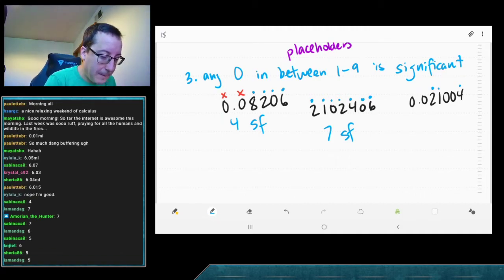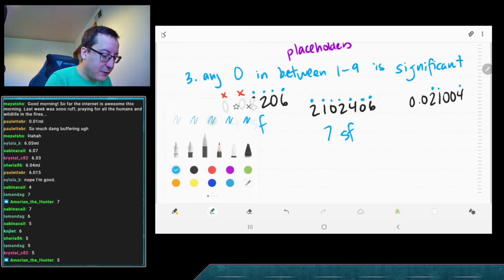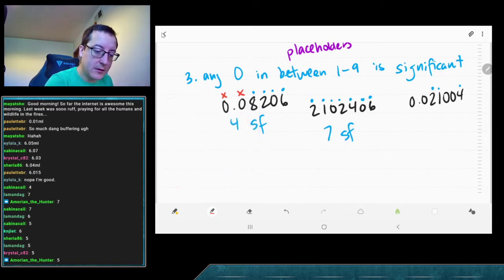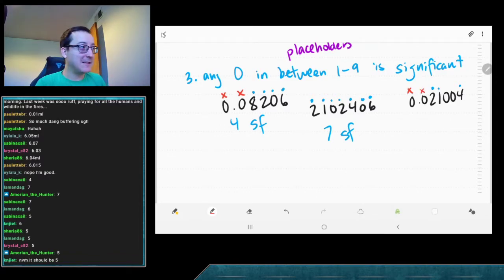Okay, so let's look at that first 0. 0 on the left. Is that 0 going to be significant? Guess you can already see I've chosen red, so no, it's not. We're also going to see this one also is not significant. Right? It's still a 0 at the beginning, right? So 5 will be the answer here.